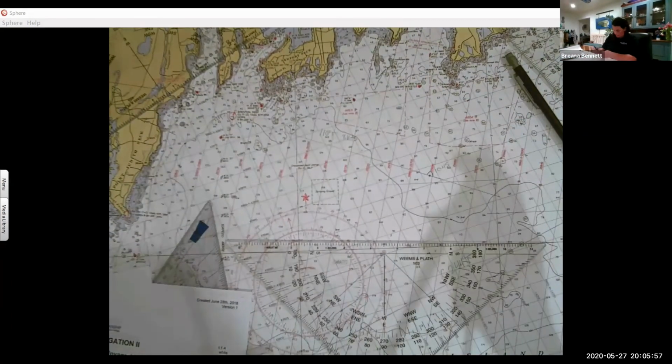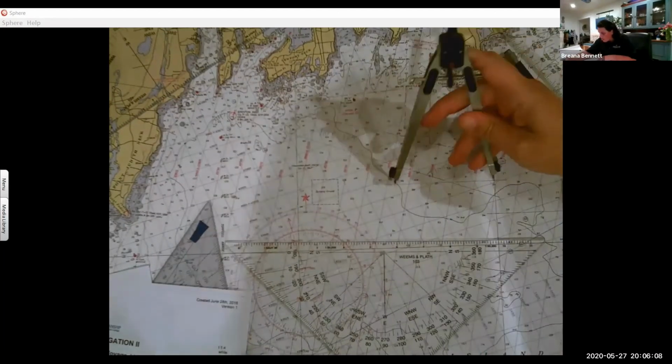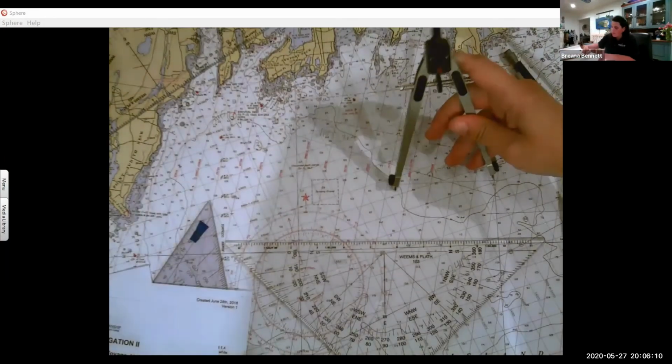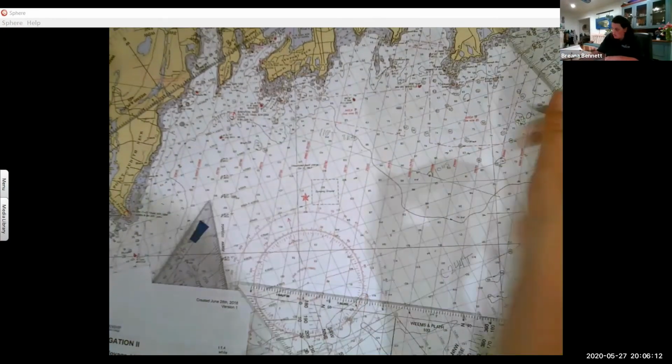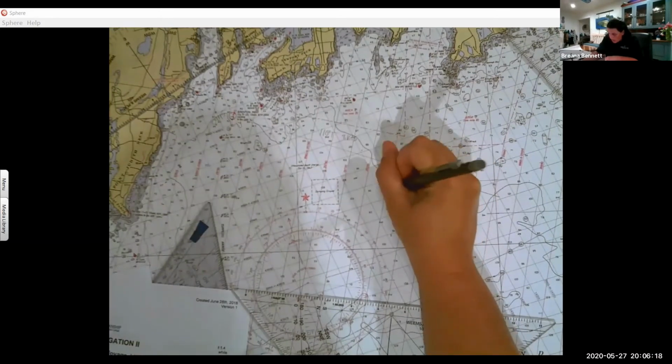And 15. So this was my actual position at 10:45.